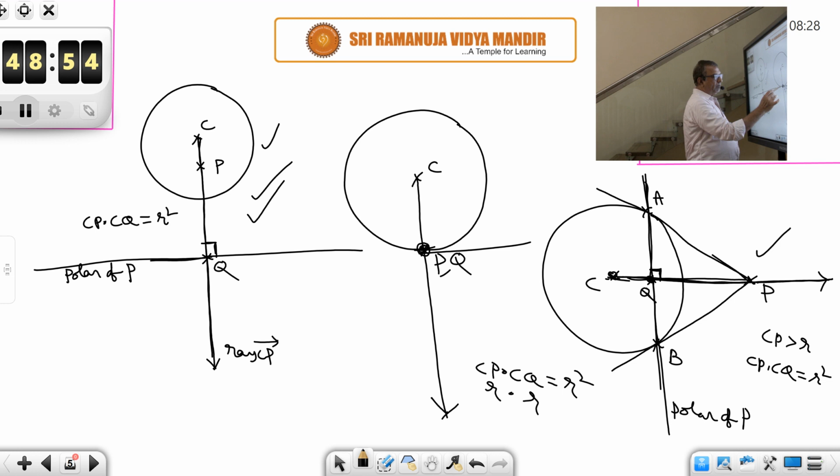It is nothing but the tangent and it is the polar of P also. So the condition CP into CQ is equal to R square, and the polar of P being perpendicular to the ray CP, are correct in all the cases, whether the point is inside the circle, outside the circle, or on the circle. Okay.